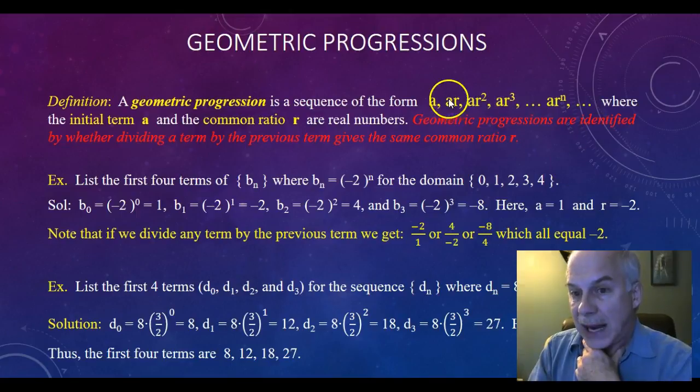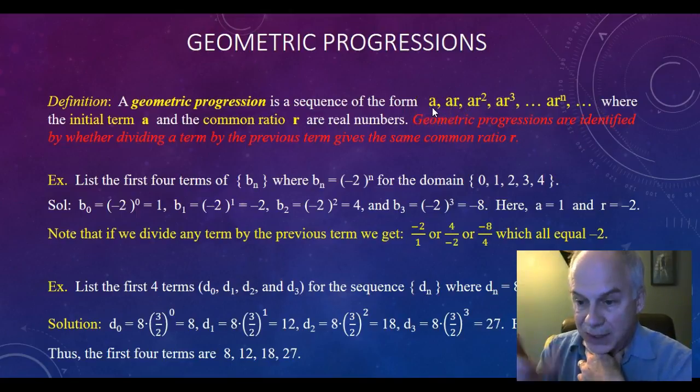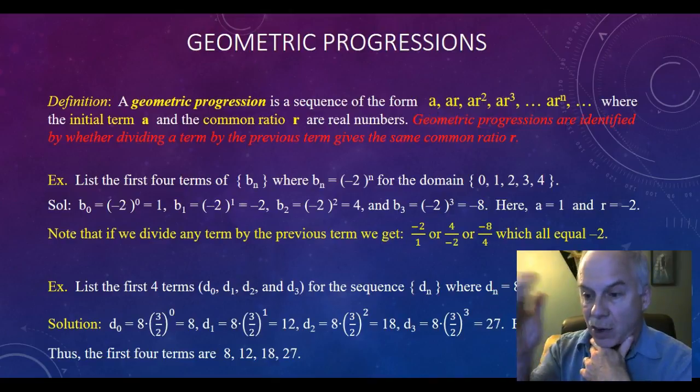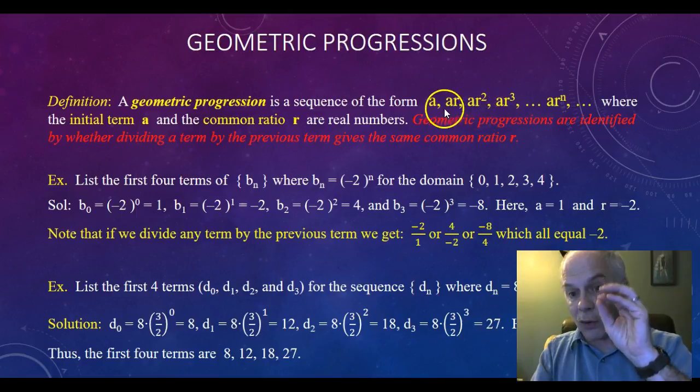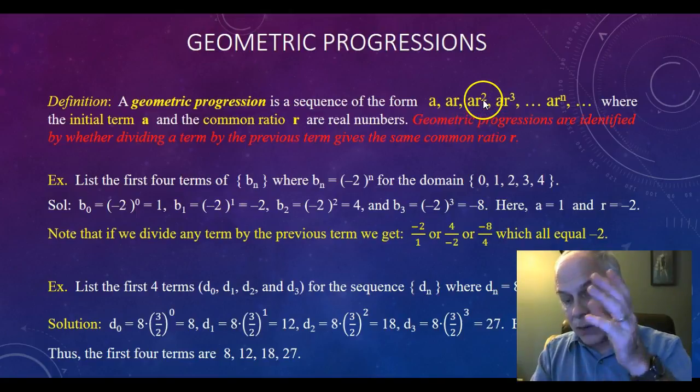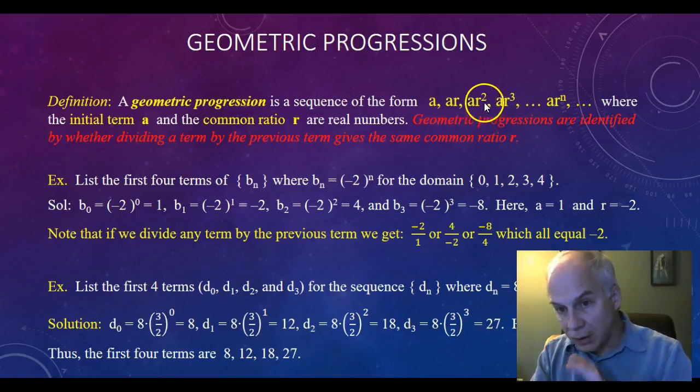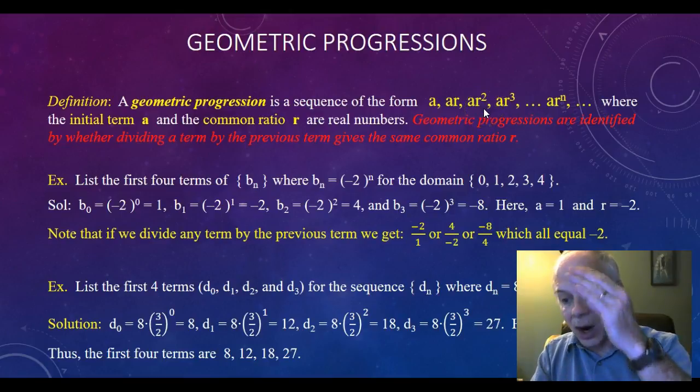So like if I took ar and I divided it by a, well, of course, the a's would cancel, so you just have r over 1, or r, the common ratio. If I used ar to the second power over ar, well, the a's would cancel and one of the r's would cancel. You'd still get r over 1 or r.